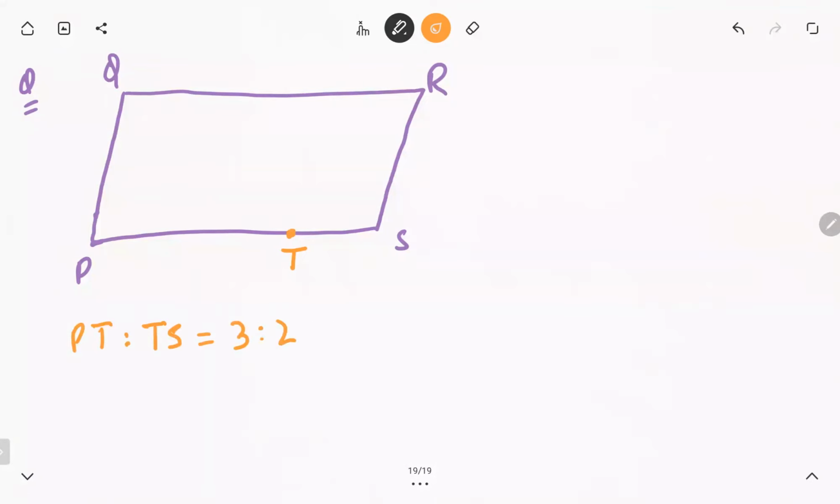There is another point U, which is given here. This is a point U such that PU ratio UQ is given 3:1.